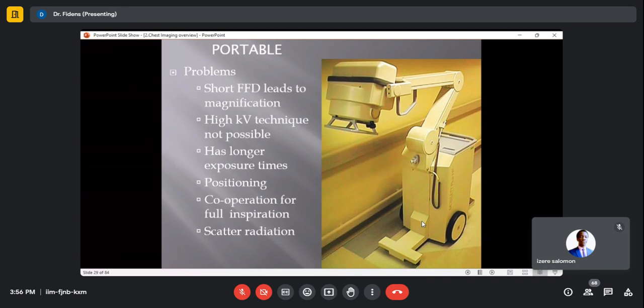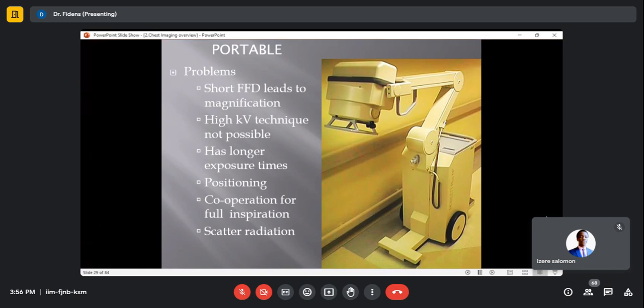Okay, you know that there is a portable X-ray. There are fixed X-rays in the radiology, but there are also portable X-rays where you can move the machine to different departments to do an X-ray of the patient, especially for sick patients in ICU.